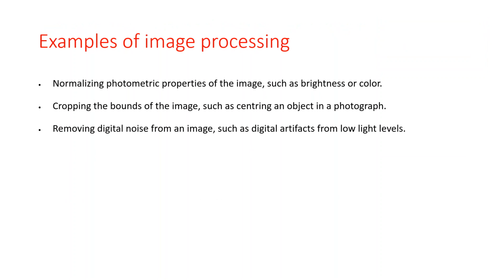Normalizing the photometric properties of the image such as brightness or color. Then cropping the bounds of the image, such as centering an object in a photograph. And the last one is removing digital noise from an image, such as digital artifacts from low light levels.